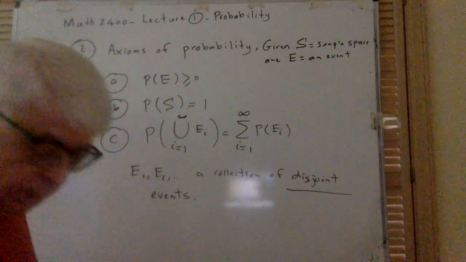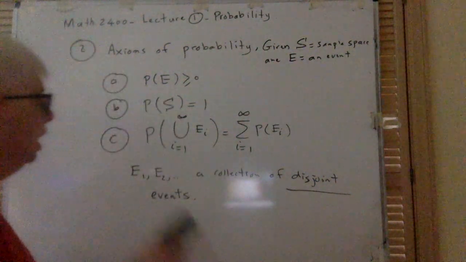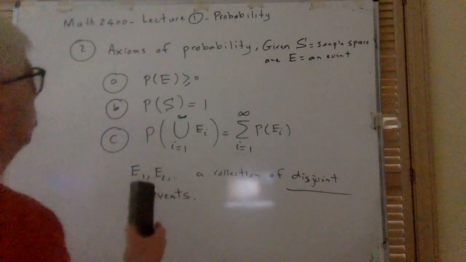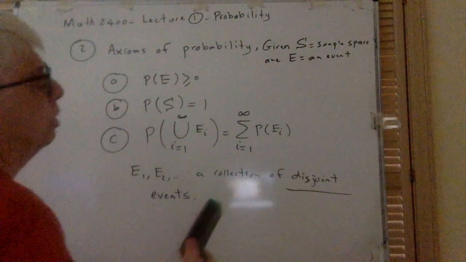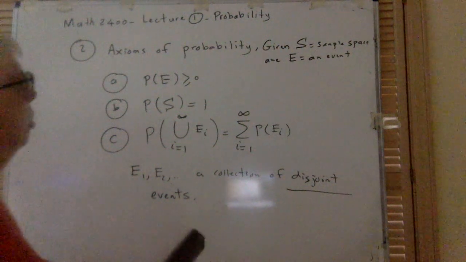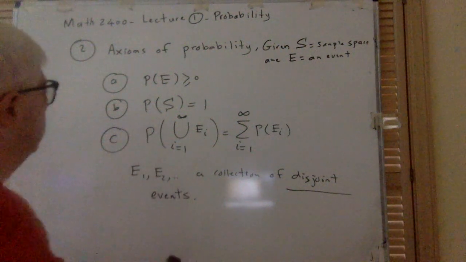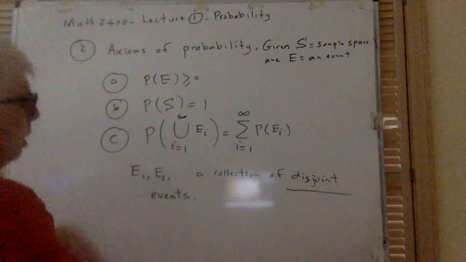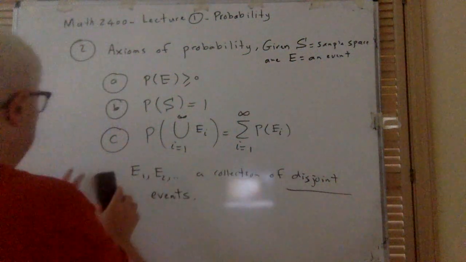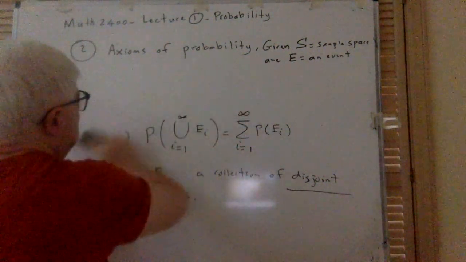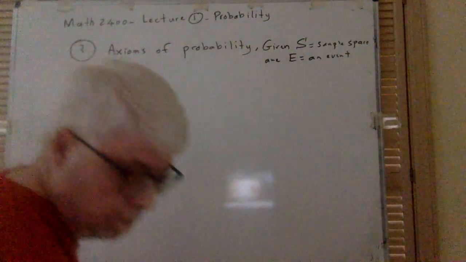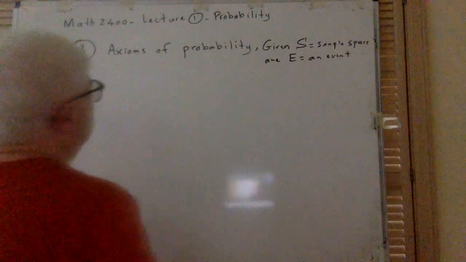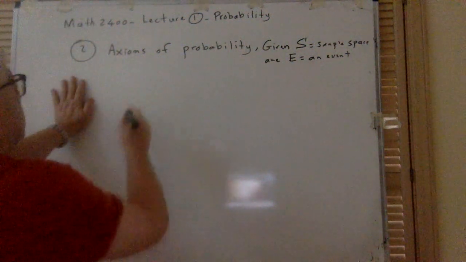I will tell you what disjoint is, but first let me explain this, and also tell you that the way I define the probability to be a number between 0 and 1 really comes out of these three. So disjoint is simply a collection of subsets of S that do not intersect.